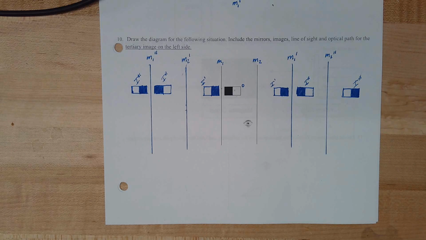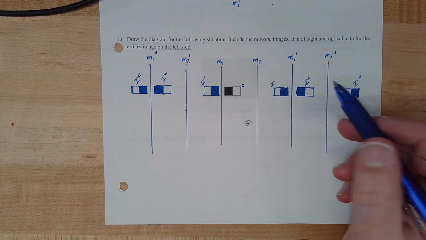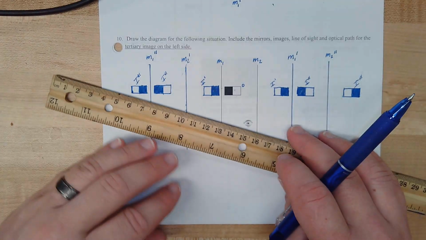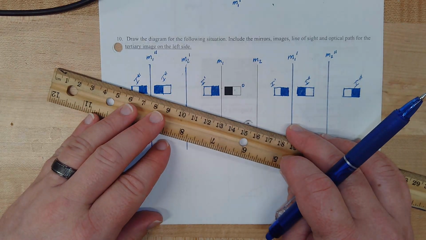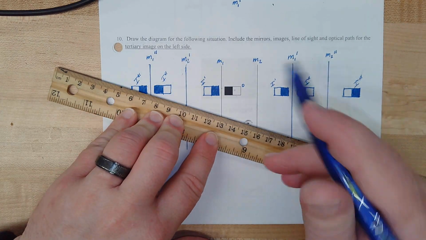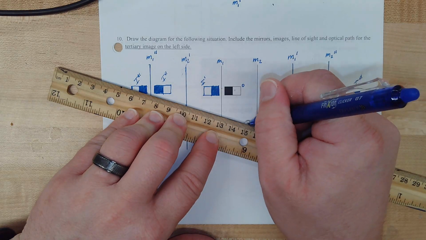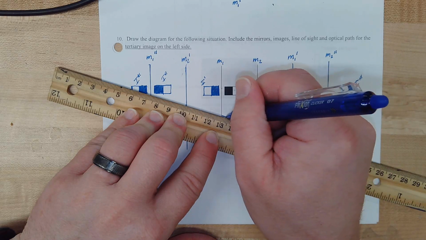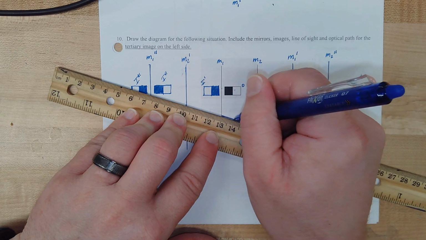That process is that we will start with the image we're looking at. We're looking at the tertiary image on the left side. And we're going to draw our line of sight. With something like this, I just like to draw to the corner. We'll line our ruler up so that the eye and the corner of that object are all in alignment.